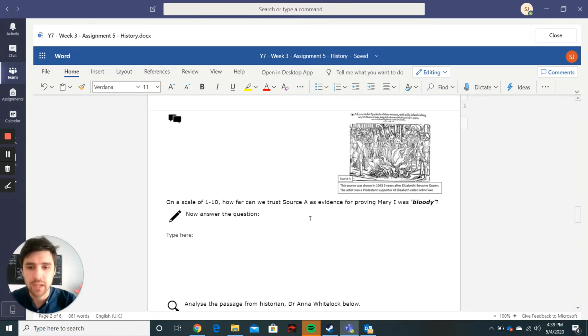Okay, so the last thing I need you to think about, almost the last thing then, is this source again. How far can we trust this source? What I mean by that is, why has this picture been made? What is it that John Foxe is trying to tell us? And can we trust it completely?